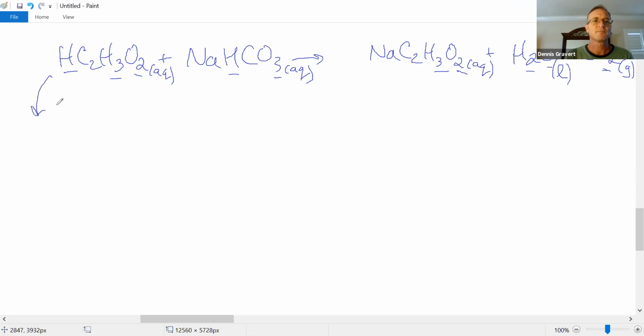Okay, let's go after the full ionic equation. Change all AQs to ions. Here's an AQ. Is this going to form ions? Well, the H is listed first, so yes. This molecule is an acid, so it donates its H plus. That's 1 ion, a cation.